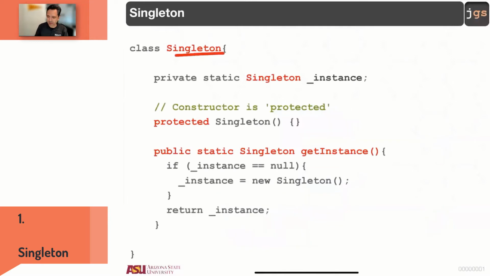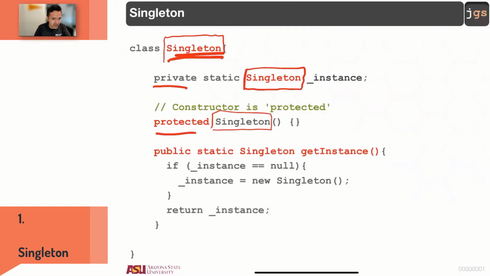So the only reason, because I put here this in red, is you need to be aware that whatever is the name of the class, is going to be exactly the same. That is going to be the type for a variable for the instance, and also is going to be the same. That is the name of the constructor that should be private.